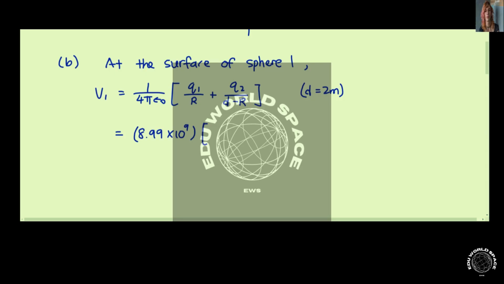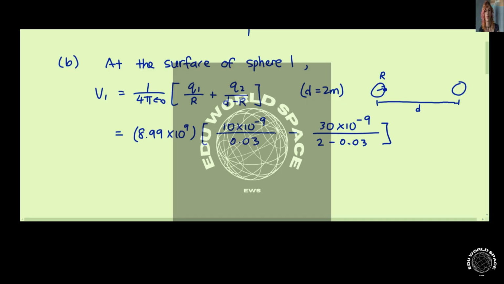The reason why there's a D minus R is that this is D, and then this is the R. So here the effective distance becomes D minus R. So put in all the numbers, and you calculate this, you get 2.9 times 10 to the 3 volts.